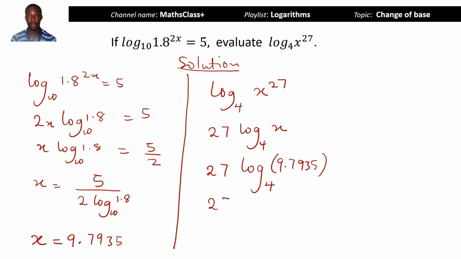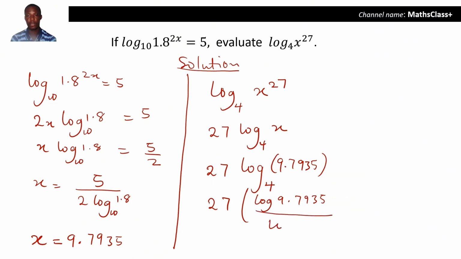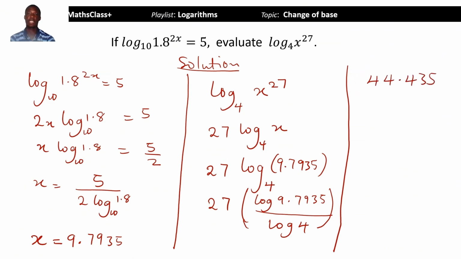So 27 multiplying log 9.7935 divided by log 4, and this gives me 44.435 as the final answer.